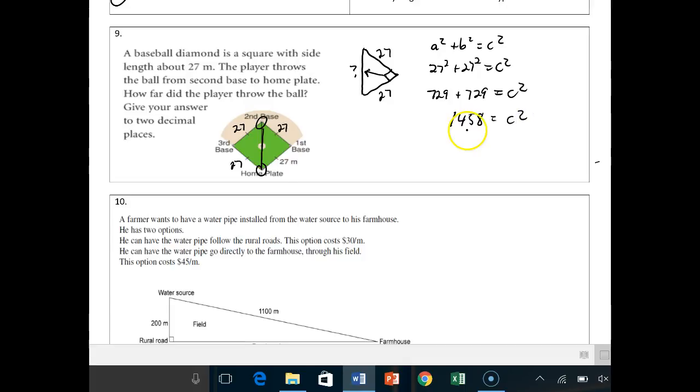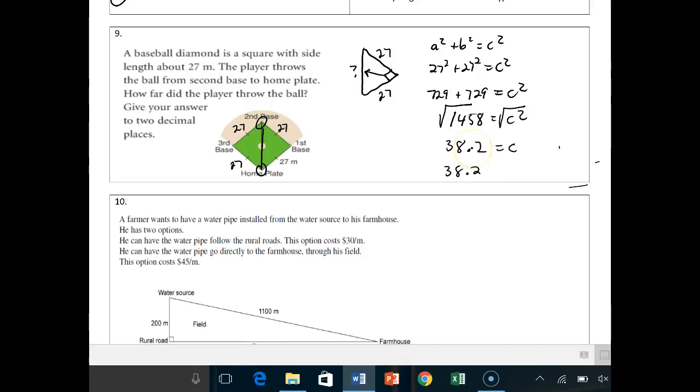That can't be your answer, right? If this is only 27 meters, there's no way that's 1,458 meters. So you take the square root, and the distance from second base to home plate, or the square root of 1458, is about 38.2. I got 38.18, so I rounded to 38.2 meters.